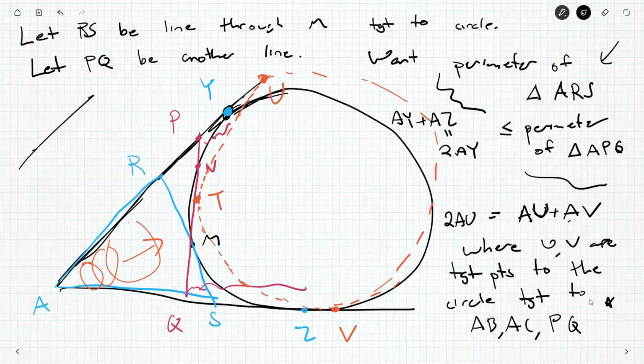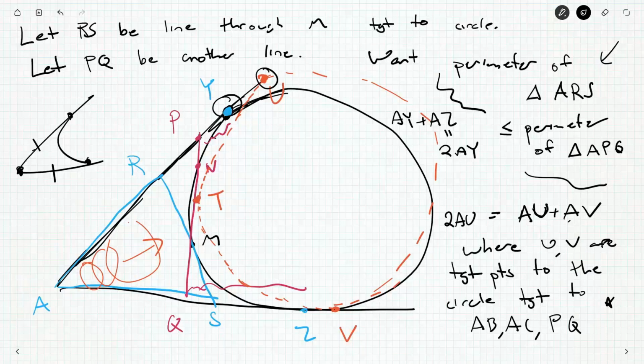Because once again, if we have a circle and we have these two tangent points coming from the same given external point, you get the same length. So that's fine. We just need to make a little bit of an explanation. So all we need to do is show that U must be further away than Y. Well, let's suppose the opposite.